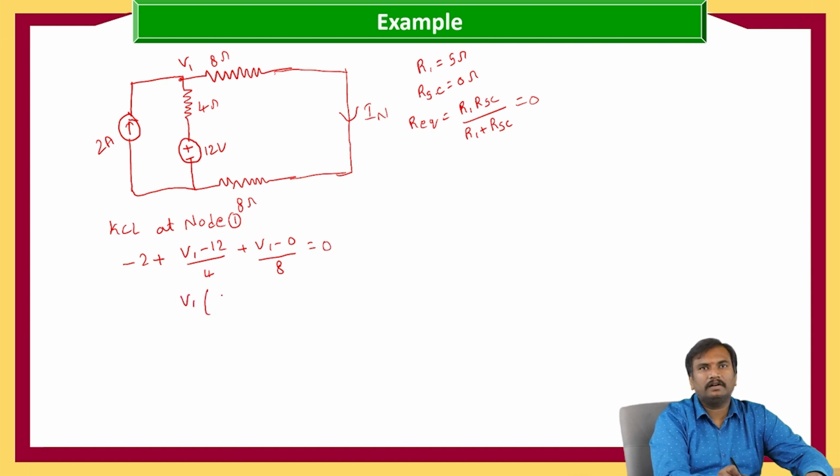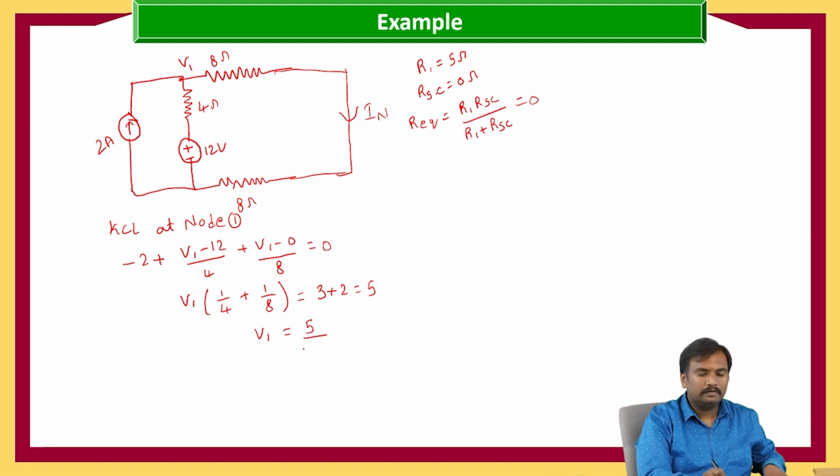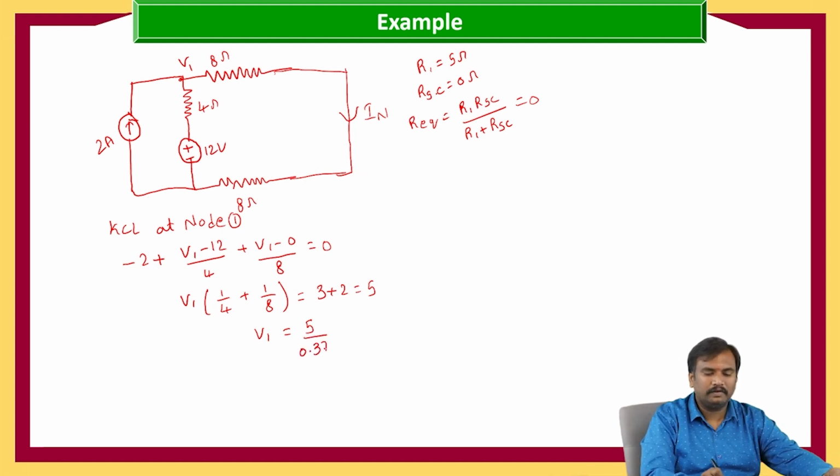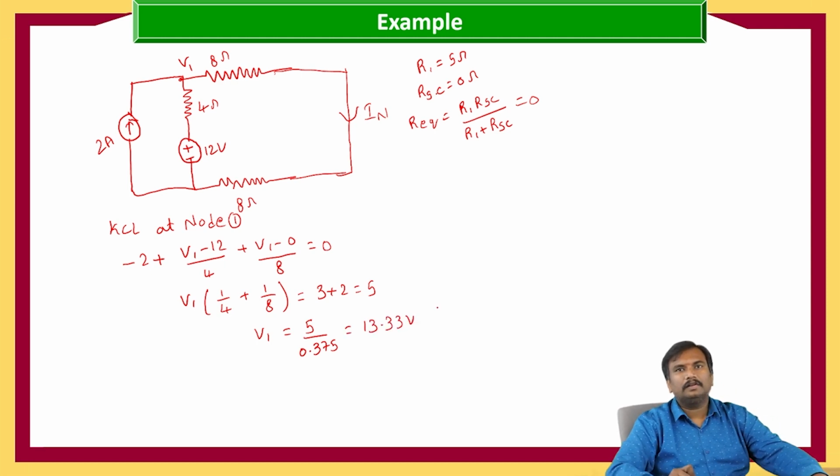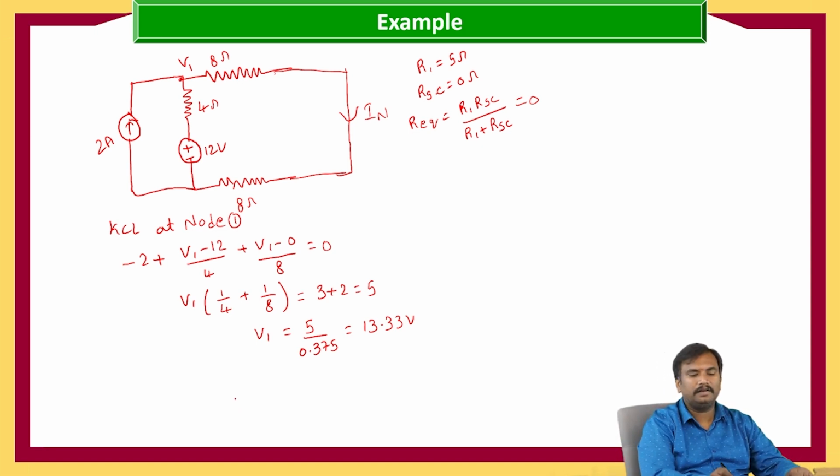Here if we take V1 common, 1 by 4 plus 1 by 8, which is equal to 3 by 8. V1 is equal to 5 by 0.375, which is equal to 13.33 volts. Now we got V1 value as 13.33.